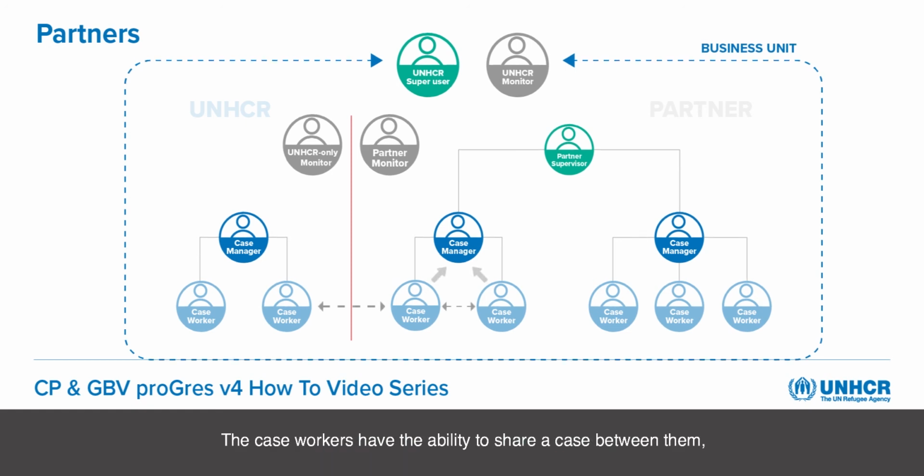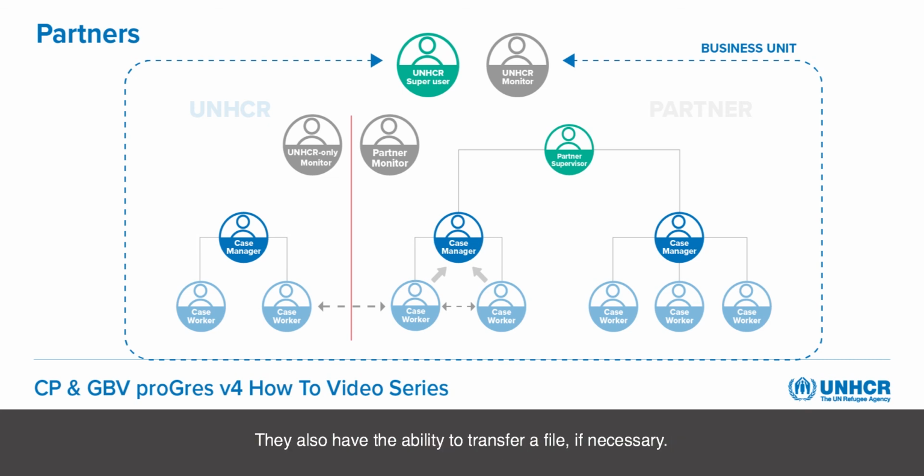The caseworkers have the ability to share a case between them, but they have to do that manually. It does not happen automatically. But a caseworker's files will be automatically shared or visible to their case manager. A caseworker from UNHCR has the ability to share a case file with a caseworker from a partner with no problem.